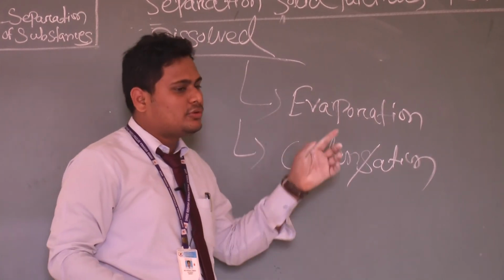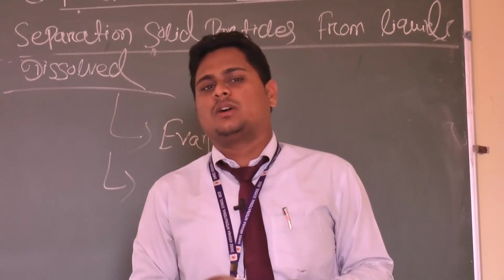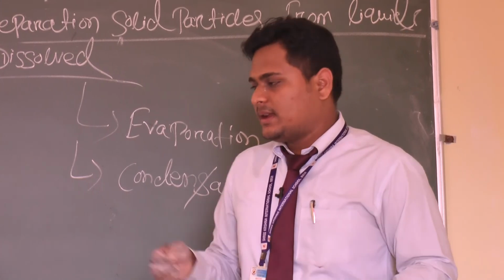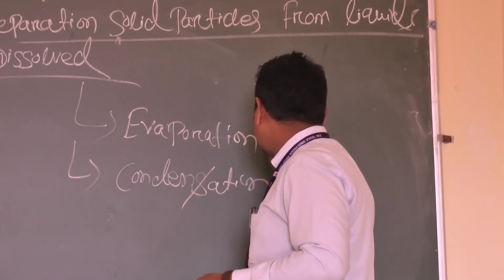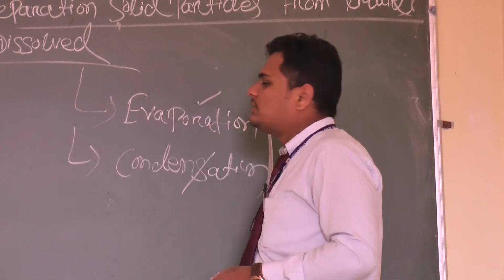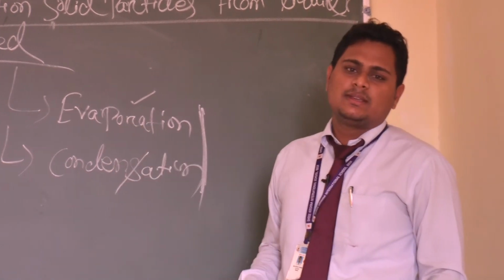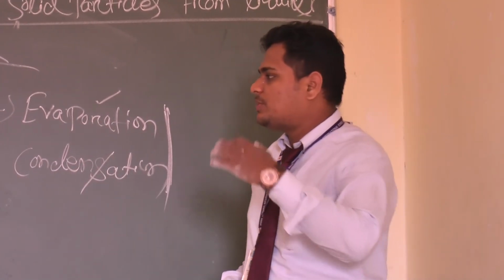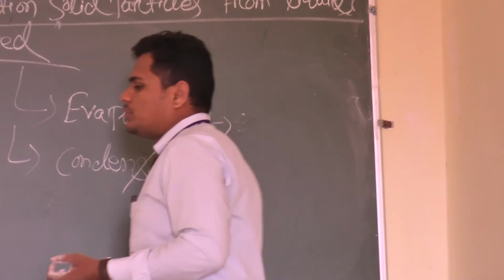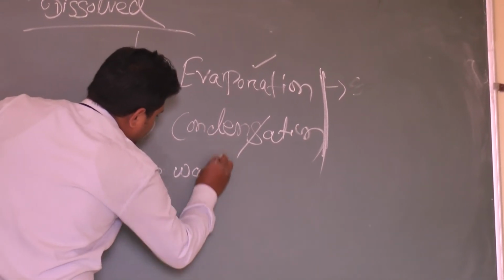Suppose you know that ocean water, or if we add some salt to water, it will dissolve, yes or no? Then how can we get that salt again? We can use the evaporation process, getting the salt and the water also. In this process the water is heated. After the water vaporizes, the salt particles are left. Suppose here saline water is present.